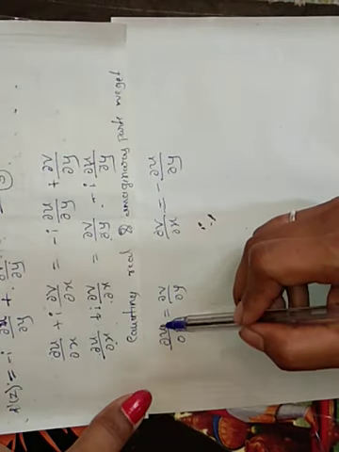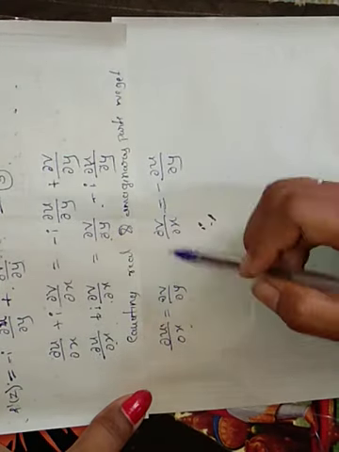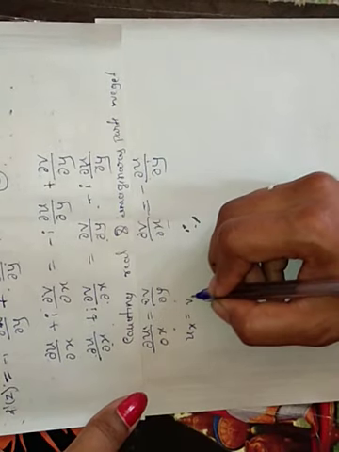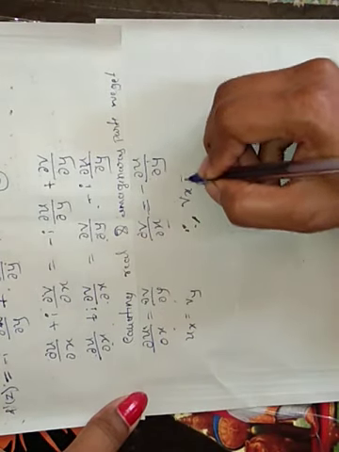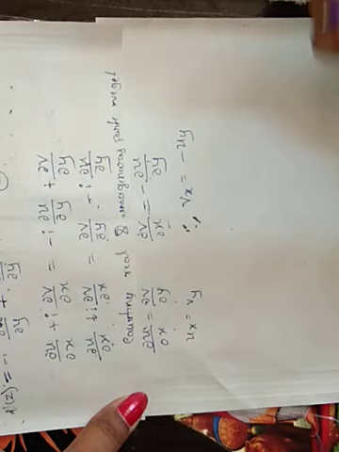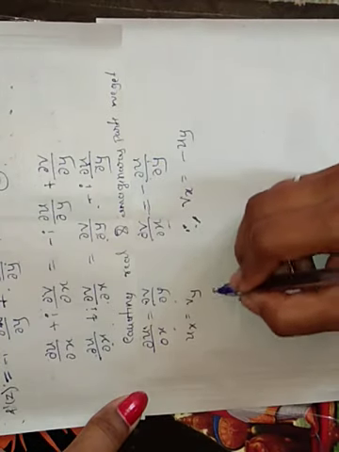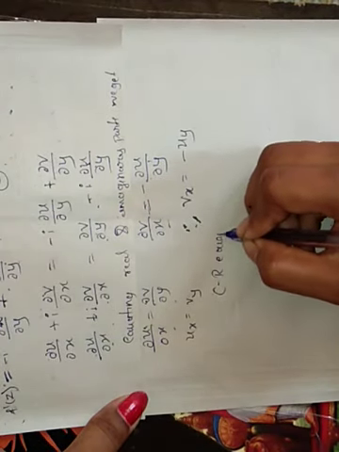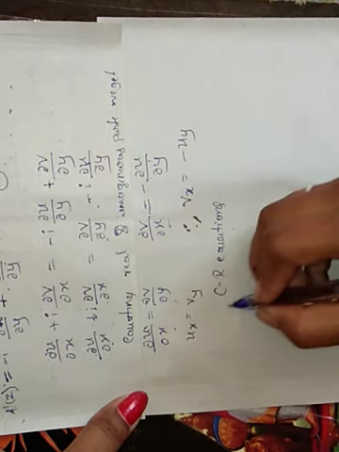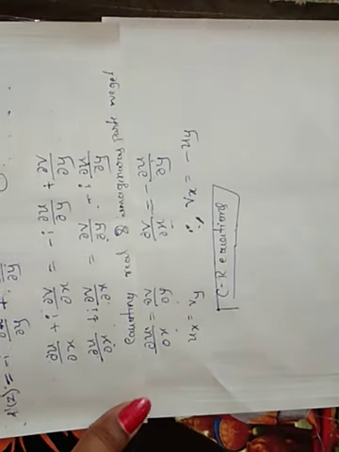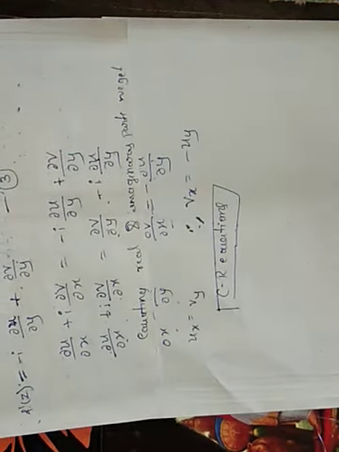So dou u by dou x equals dou v by dou y, and dou v by dou x equals minus dou u by dou y. That is ux equal to vy, vx equal to minus uy. Those are your CR equations.